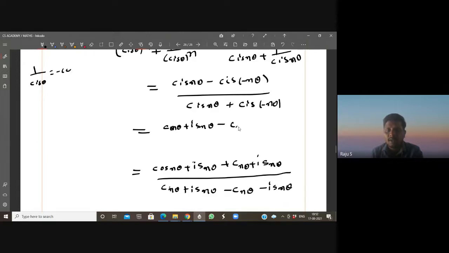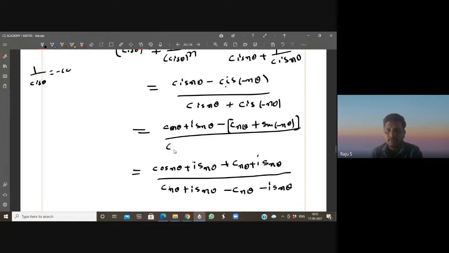So cos n theta, minus will be there. Cos of minus n theta is cos n theta only. That is the reason I have written directly. So minus plus sine of minus n theta. Sine of minus n theta is minus sine n theta.